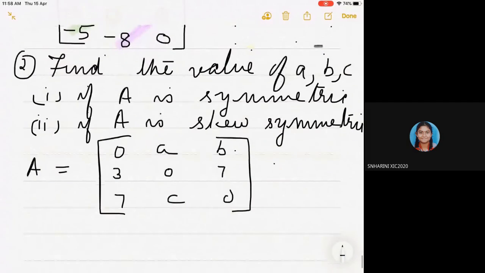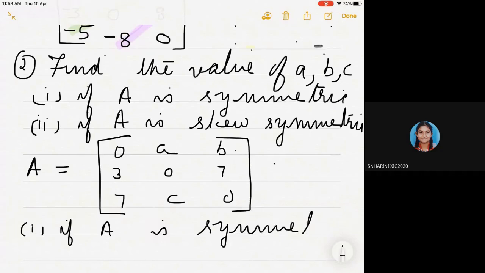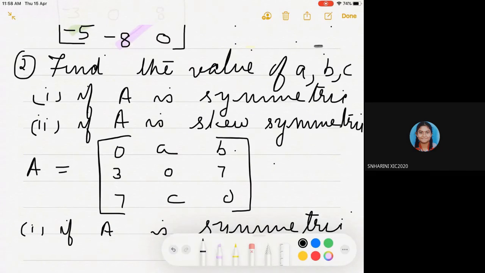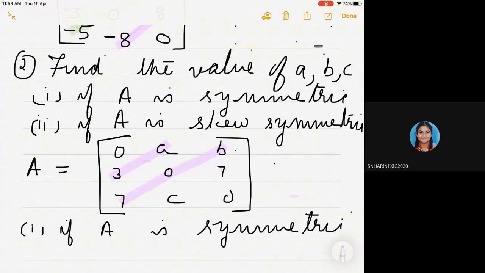First part, if A is symmetric. If A is symmetric, what will be the values? Diagonally opposite ones you have to check. Here one, then here, and then here.